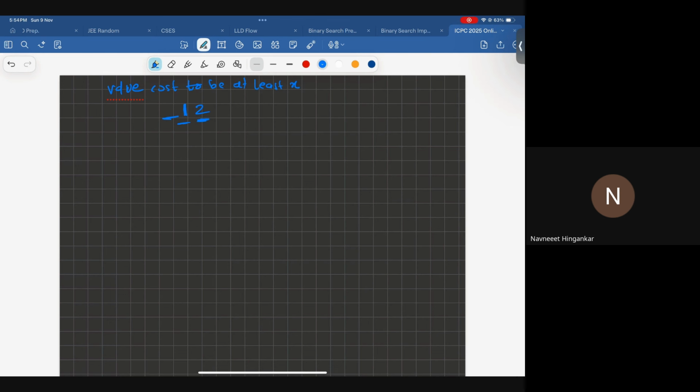After that I will insert 3, either this side or this side. So my permutation could look like 1 2 or 2 1. Then starting from 1 2 it could look like 1 2 3, or 3 1 2, 2 1 3, or 3 2 1.